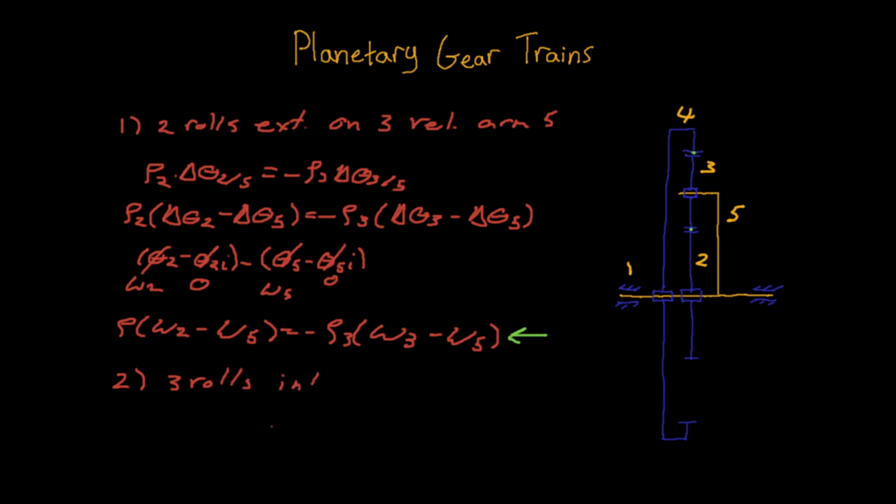is 3 rolls internally on 4 relative to arm 5.